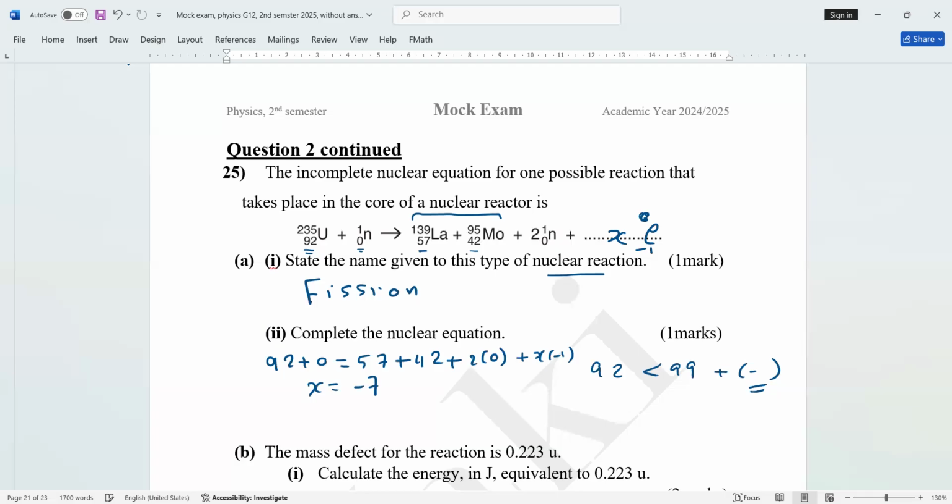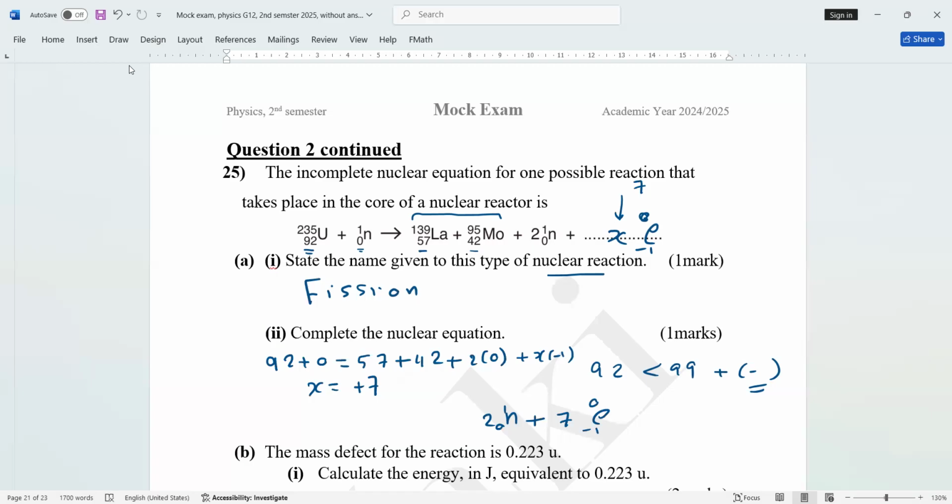Then we write the same equation, 2n01 minus 7. Okay, here X equals 7, not minus 7, because we move X to the other side, so X is positive 7. Then this is plus 7 e negative 1 0. Then the value of X is 7.